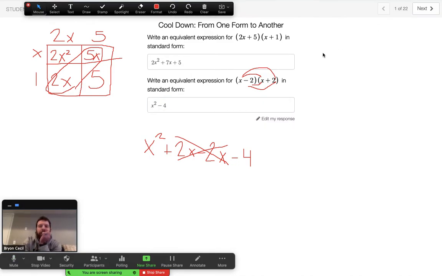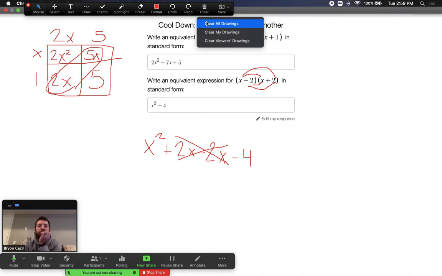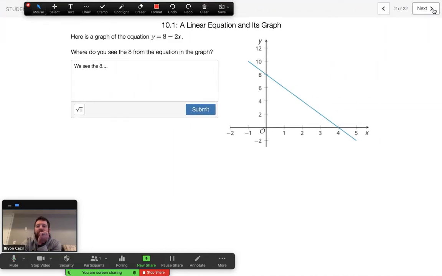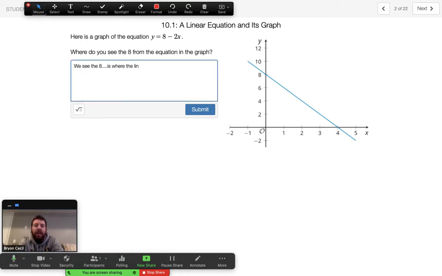All right. Let's dive into what we're going to learn for today. Here's a graph, y equals 8 minus 2x. What do you see of the 8 from the equation on the graph? We see the 8 is where the line crosses the y-axis, the y-intercept, right?